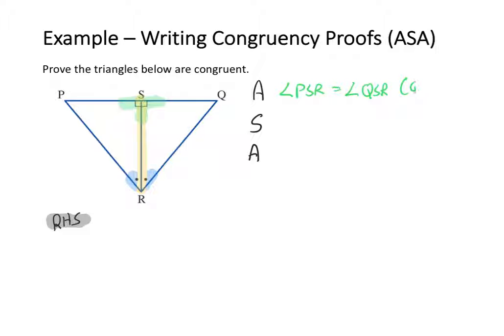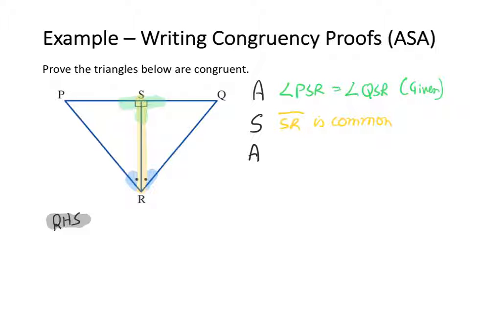And I know that because it is given. On my second line, I'm going to talk about what 2 sides that I know are equal. And I know line SR is common. And I don't need to give a reason for that line.